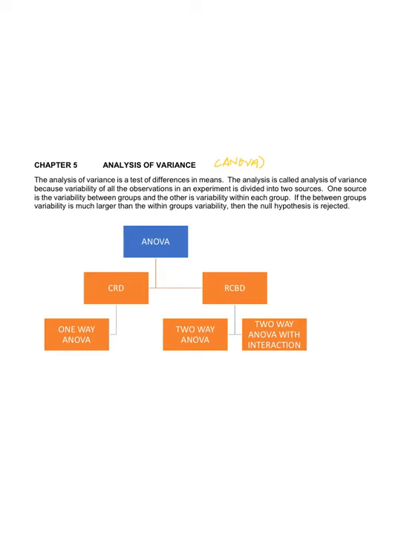Analysis of variance is a test of difference in means. The analysis is called analysis of variance because the variability of all observations in the experiment is divided into two sources: one source is the variability between groups and the other is the variability within each group.